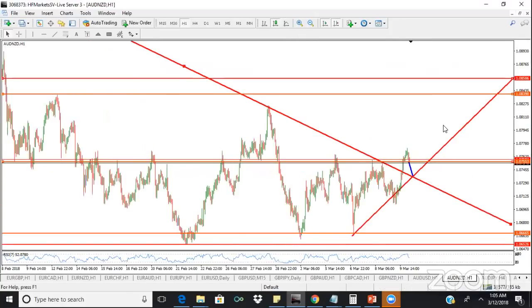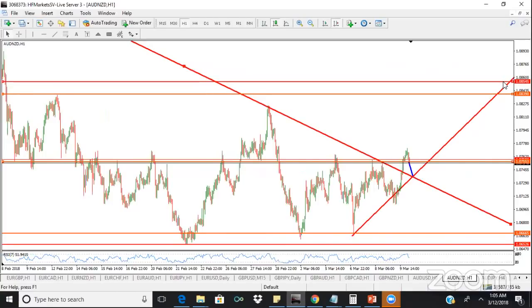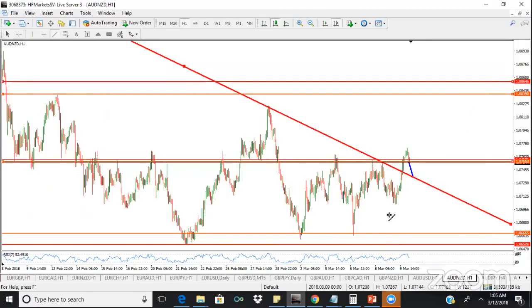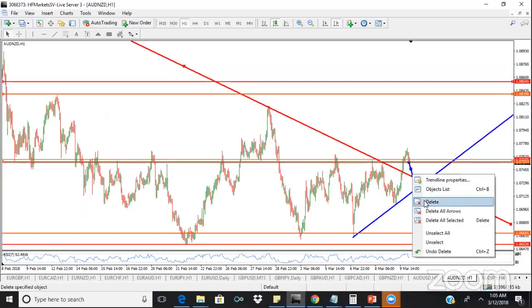This is what you want to see. So watch out for a buy opportunity anywhere around this zone for Australian NZD.